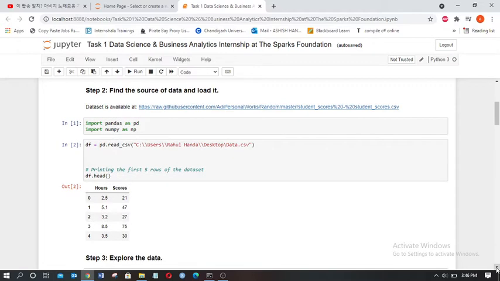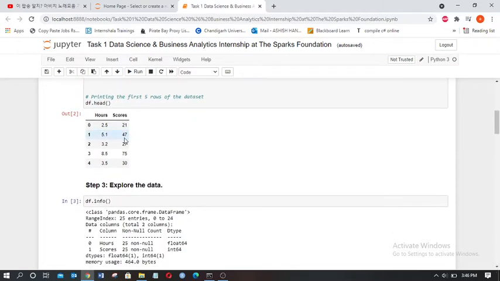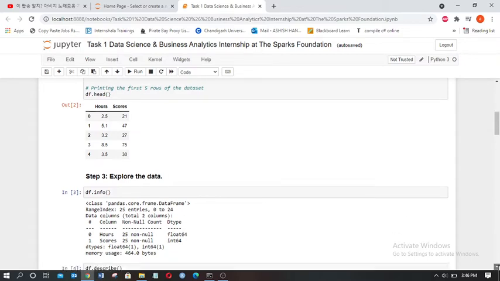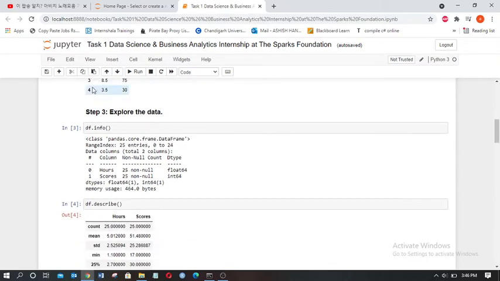By running this we have achieved a table, and you can see that there are two sections, hours and scores. The first five rows have been displayed.